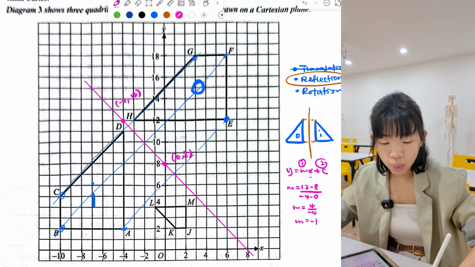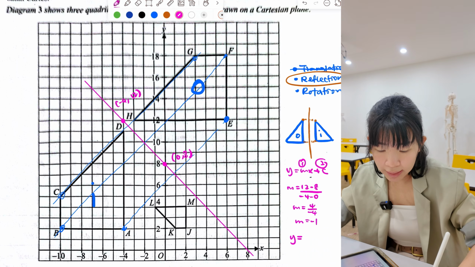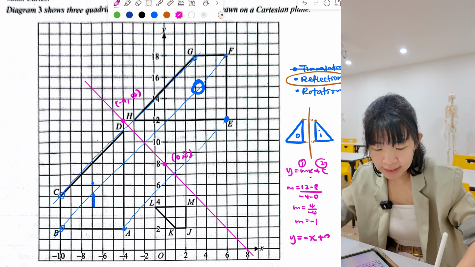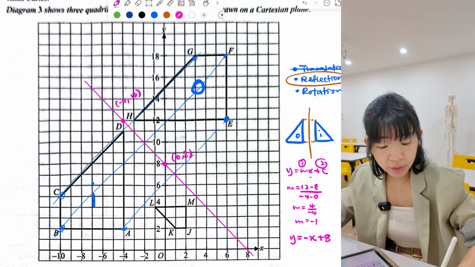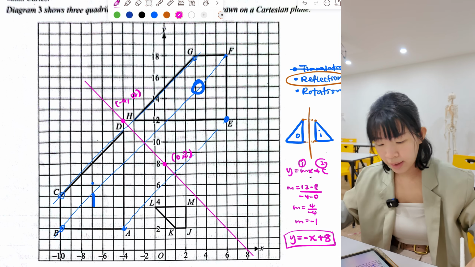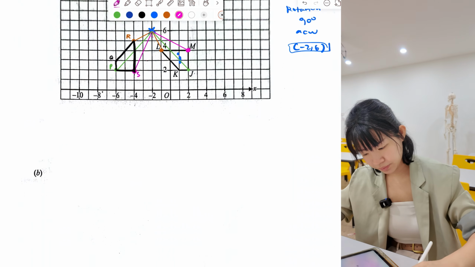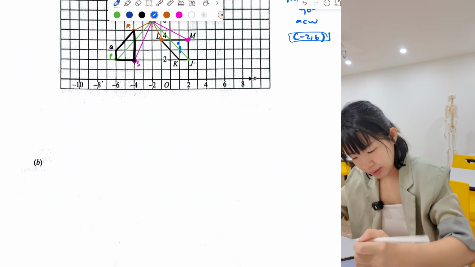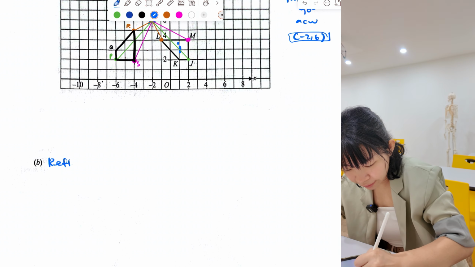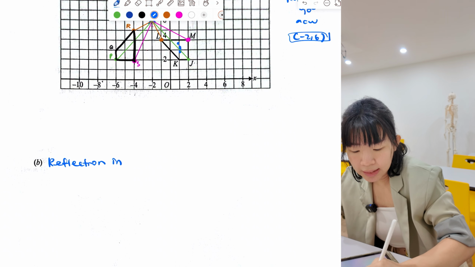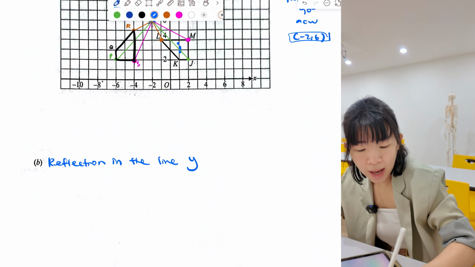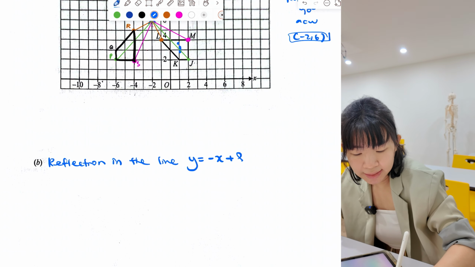So the equation, we will call it y equals -x plus 8. The axis of reflection is this equation. Alright, so now we're going to describe. So we say that it is a reflection in the line y equals -x plus 8.